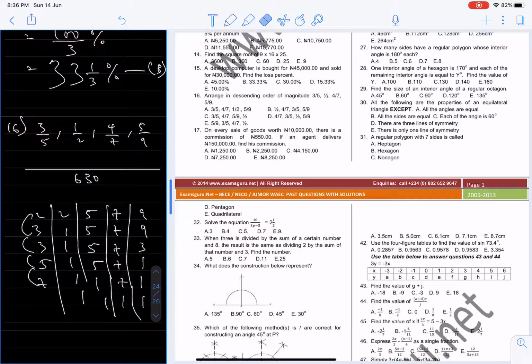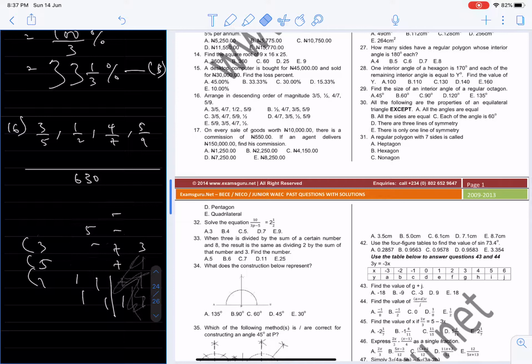The LCM is 630. Okay, 6, 18, 90, 630. All right, you have to be sure that the LCM is correct, or else you miss it.